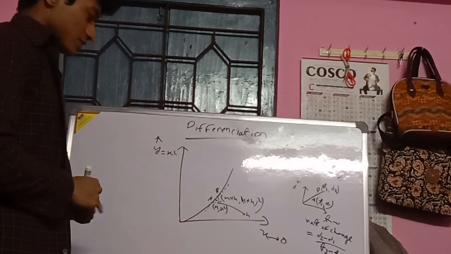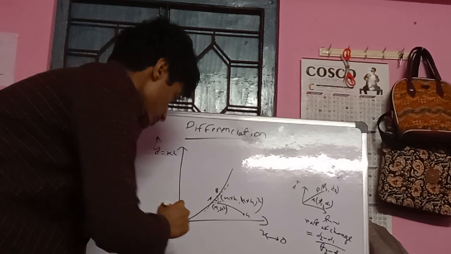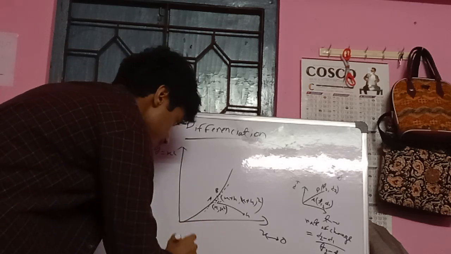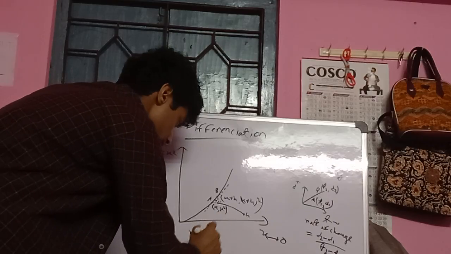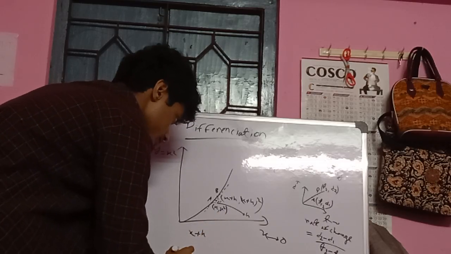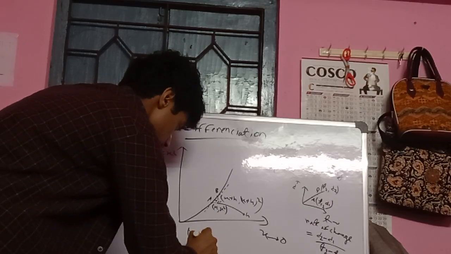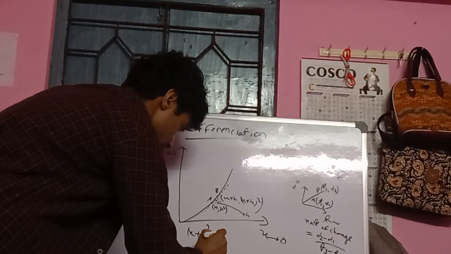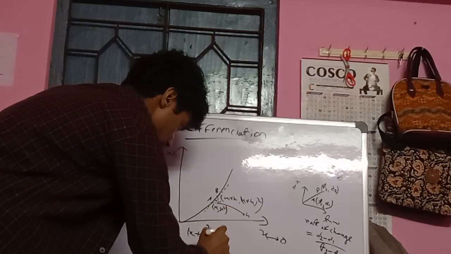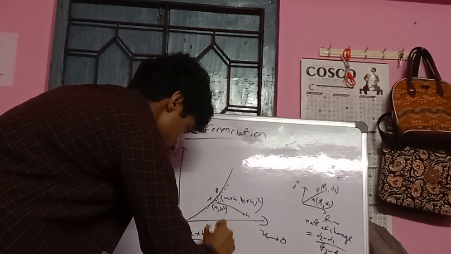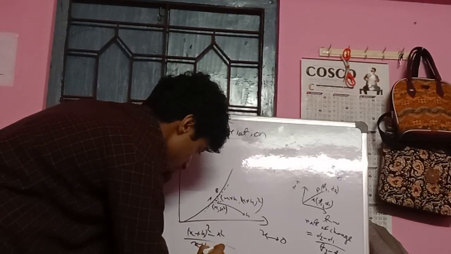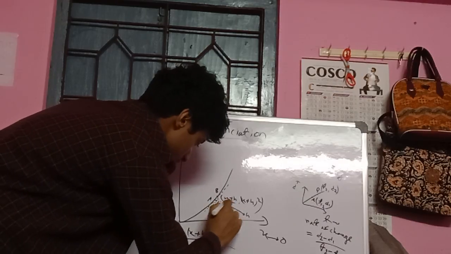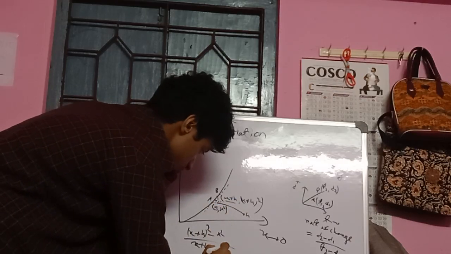Now, the rate of change of this, what would this be? This would be y2, which in this case is x plus h whole square, minus y1, that is x square, over x2, which is x plus h, minus x1, which is x.